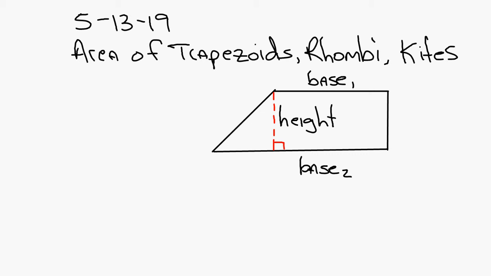And the area is equal to 0.5 times the height times base sub 1 plus base sub 2.